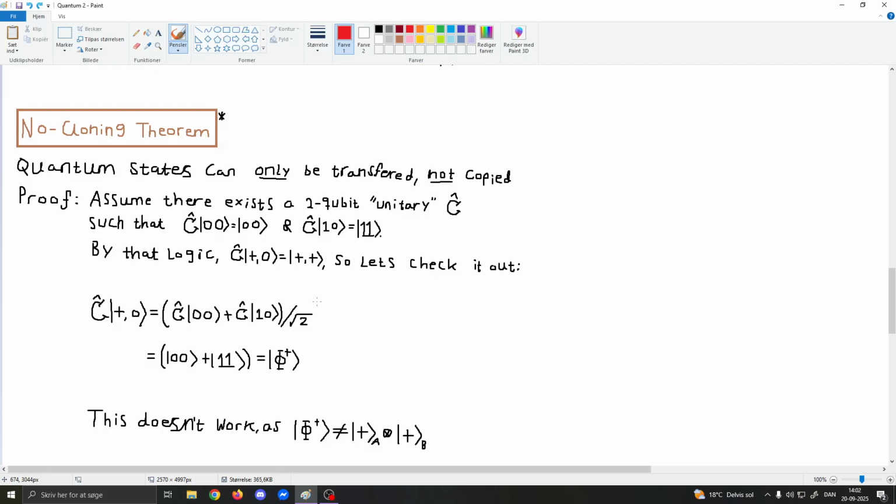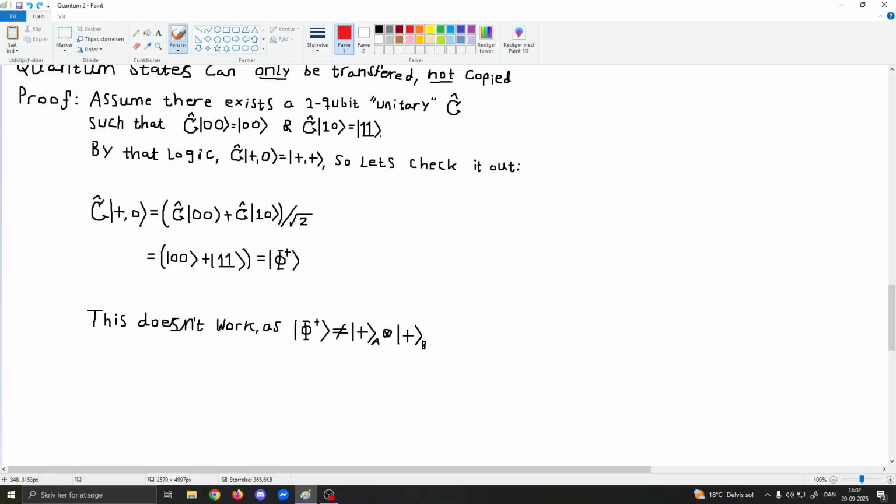Cool. Let's see how it actually plays out if we do the calculation. So if we apply the unitary to the state and we distribute it to each ket in the superposition, the unitary will not affect this, but it will affect this and turn this 0 into a 1 because the first qubit was a 1. As a result, we'll get, whoops, I should normalize this.